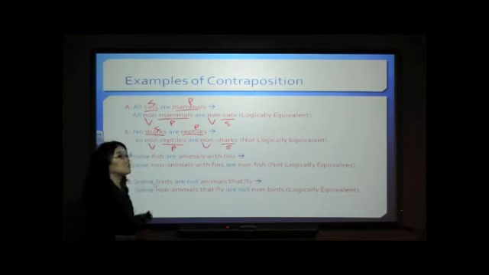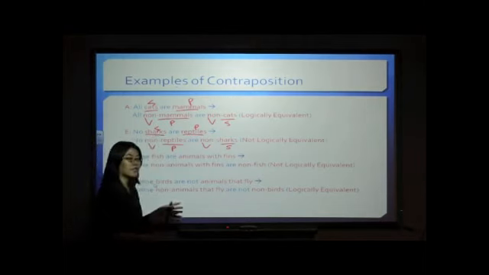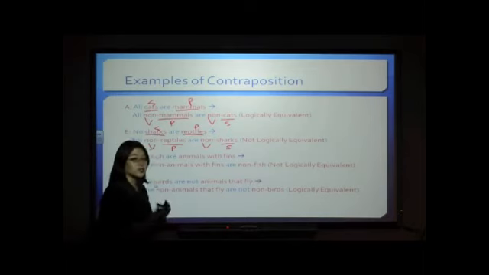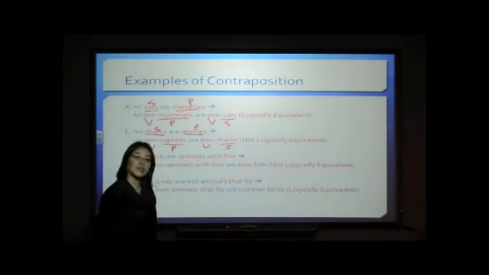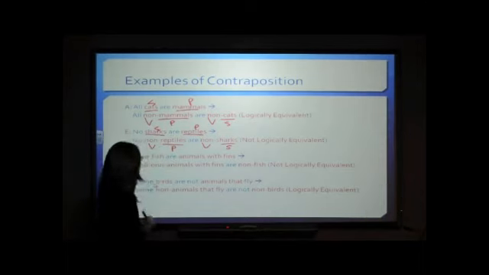And in this case, we don't have logically equivalent statements, so you cannot use contraposition to translate. You can use it to actually perform the operation on the statement, but you're not going to end up with a logically equivalent statement, so you can't use it to do translations, okay? These 2 statements have different meanings, as we've discussed earlier on.